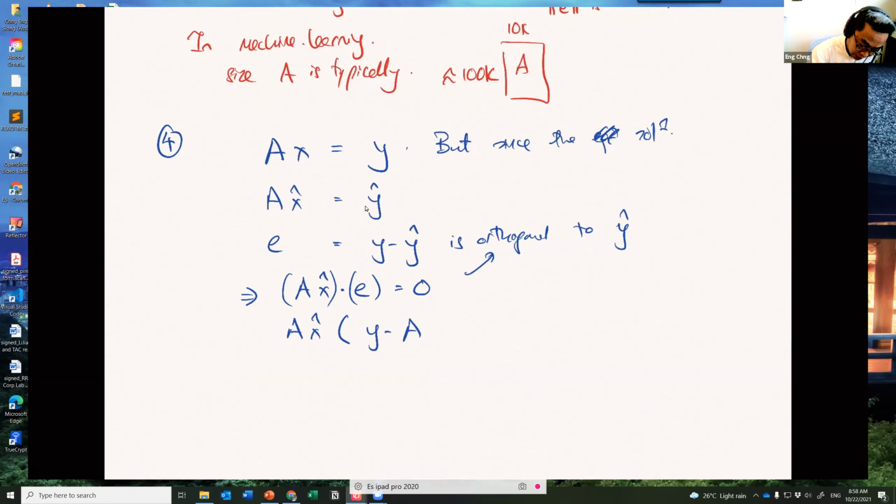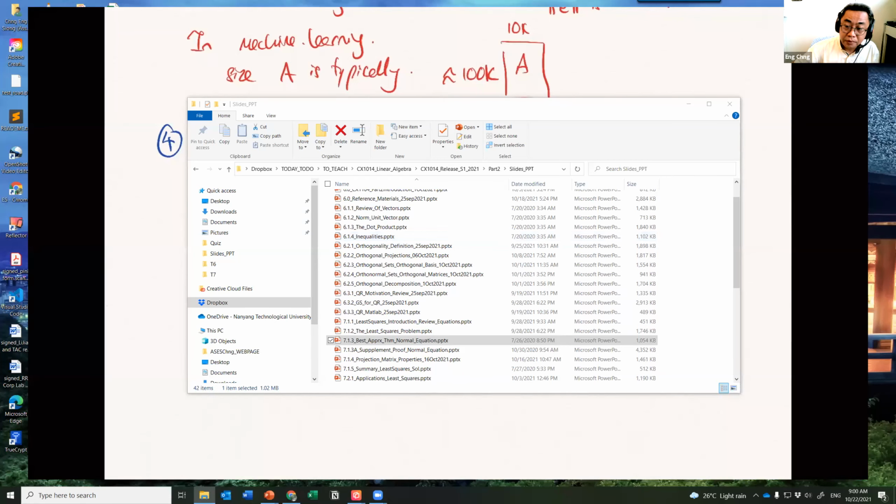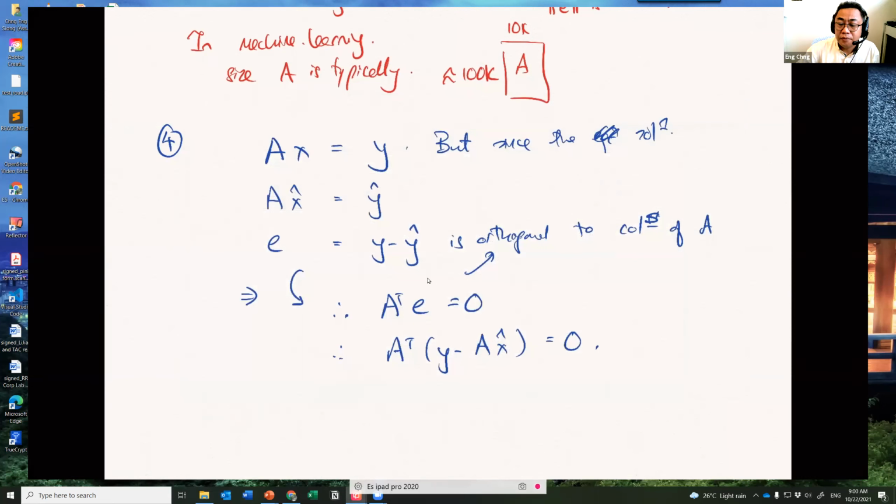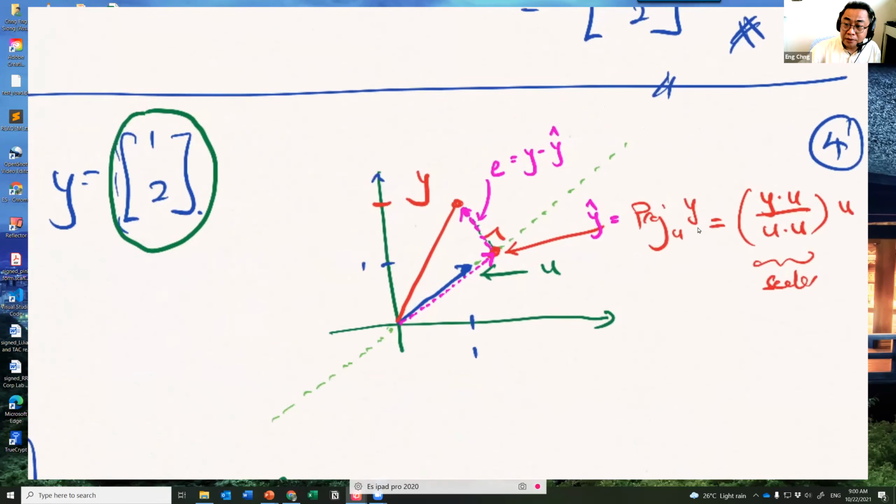Sorry, let me pause this. I made a mistake here. The error is orthogonal to the columns of A. The columns of A show you the span of what we can get in the column space of A. So the error is orthogonal to A. In this picture, the error is orthogonal to the span of U. U is where we can land.